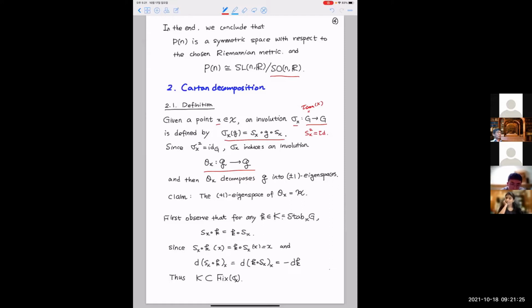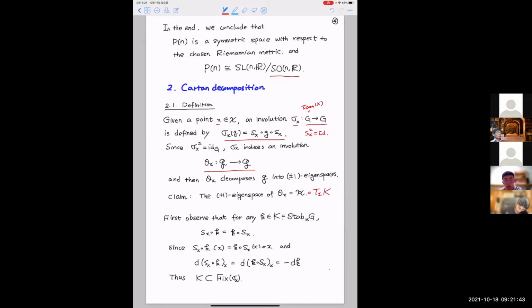Okay. So we first claim that the plus one eigenspace of zeta X is the Lie algebra of the isotropy group. Okay.